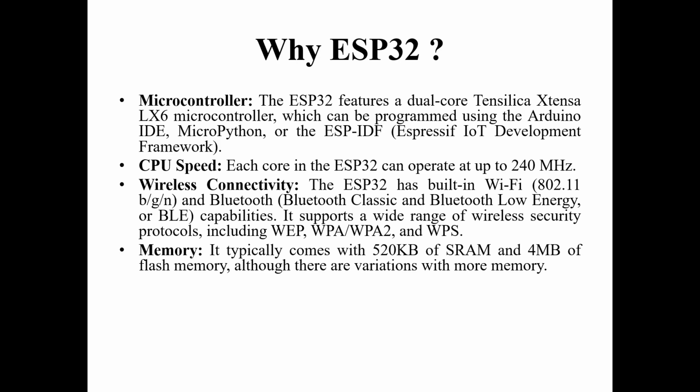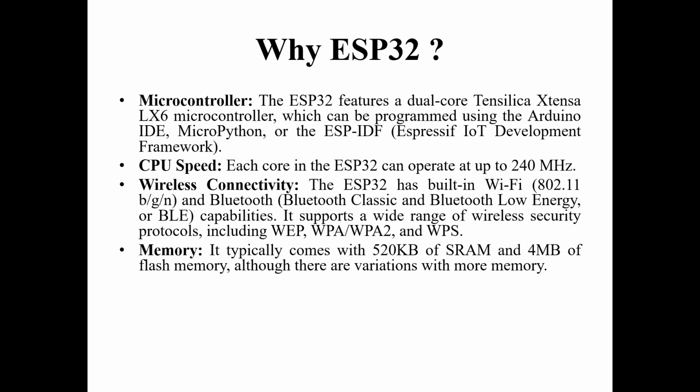Its wireless connectivity is built-in Wi-Fi, that is 802.11 b/g/n, and the Bluetooth is classic and low energy, BLE. Its capabilities: it supports a wide range of wireless security protocols including WEP, WPA, WPA2 and WPS. Its memory comes with 520 KB of SRAM and 4 MB of flash memory.